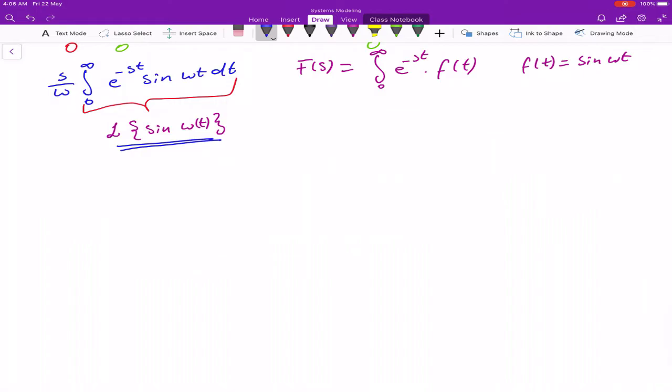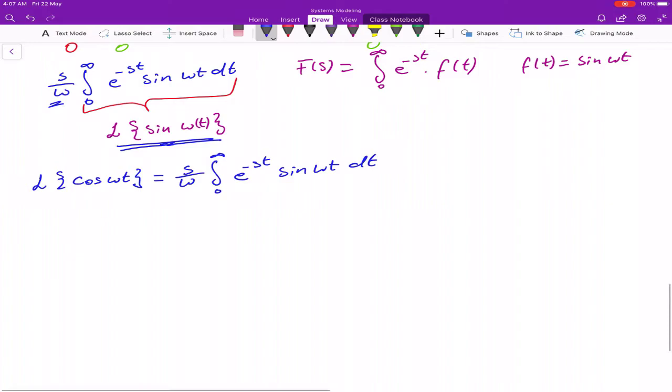So now we have the Laplace transform of cosine omega t is equal to, we are taking just this, s over omega integrating from 0 to infinity, e to the minus st times sine omega t dt.